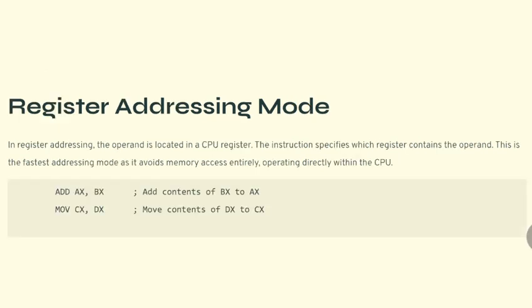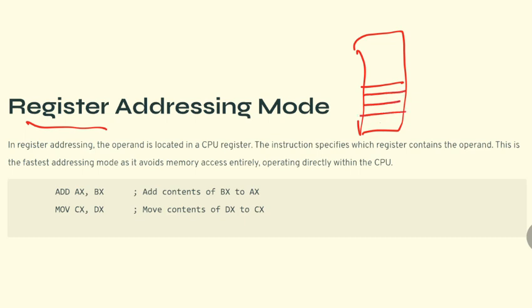Now the next one is register addressing mode. Again, it's very simple. Till now we used memory for storing the operand. In register addressing mode, we use registers to store the data. Along with the common memory, we have registers A, B, C, D, E. Here the instruction is add ax comma bx.